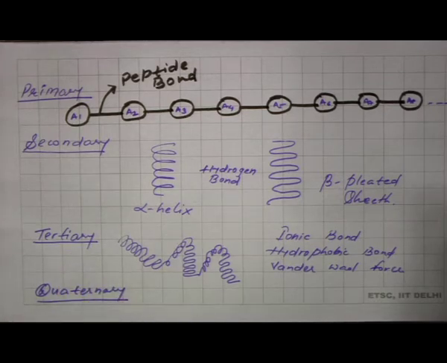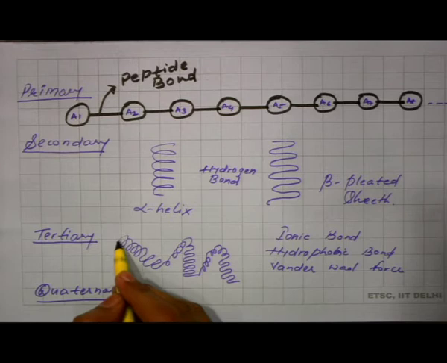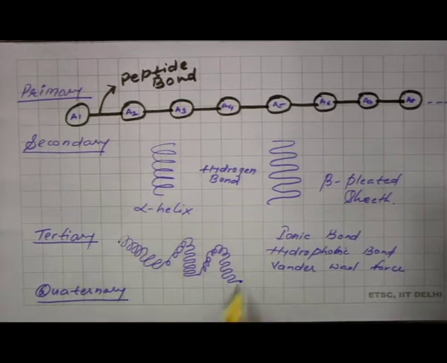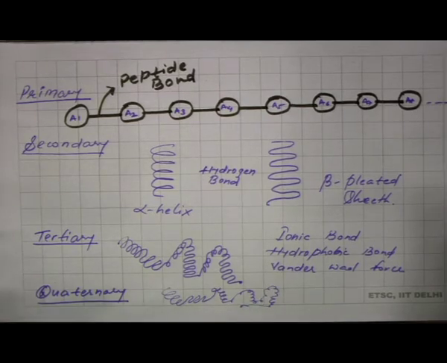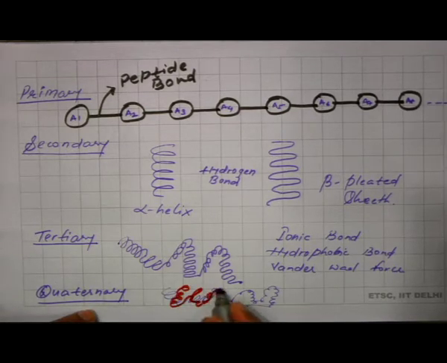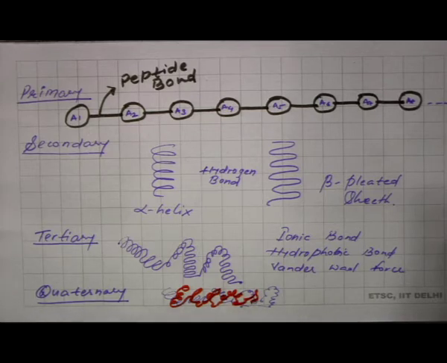So, up till tertiary structure there is a single polypeptide chain, but if in this tertiary structure one or more than one polypeptide chain is added up like this, they will form quaternary protein.